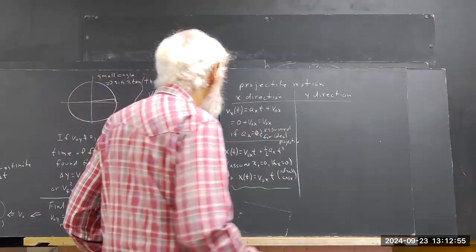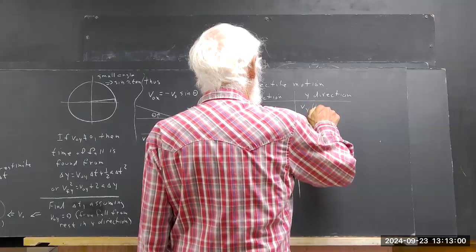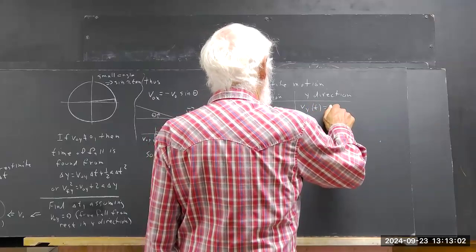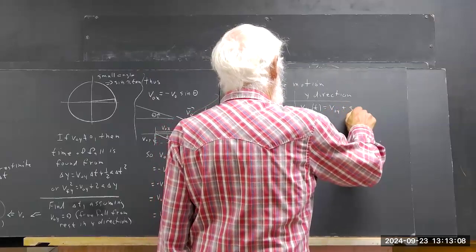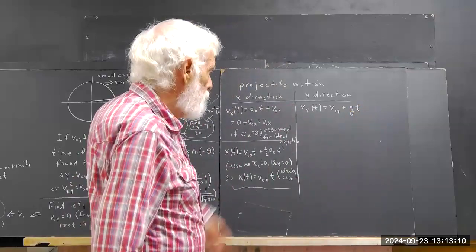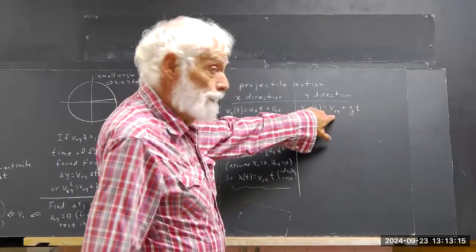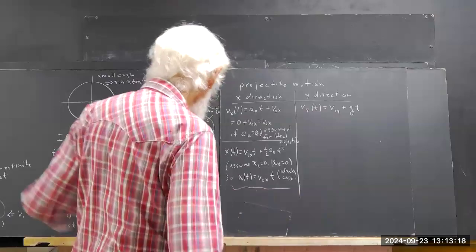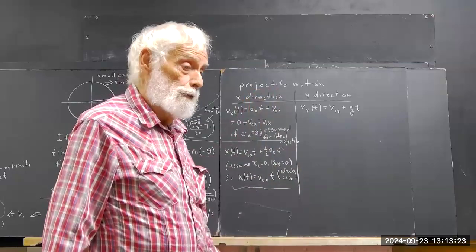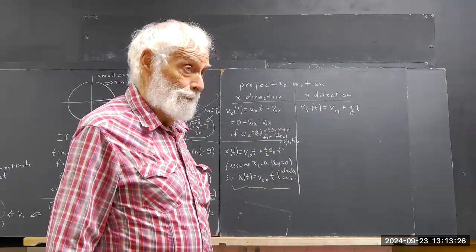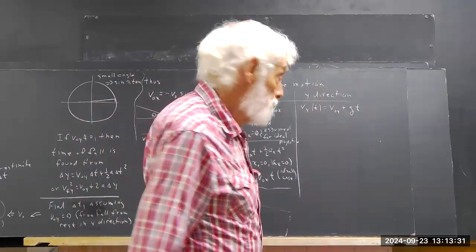Now, for the y direction, y is a function of time. V naught y is not generally 0, as is the case in what we just looked at. You've got a non-zero y component, which causes the thing to get to the floor a little faster. And g is the acceleration of gravity.